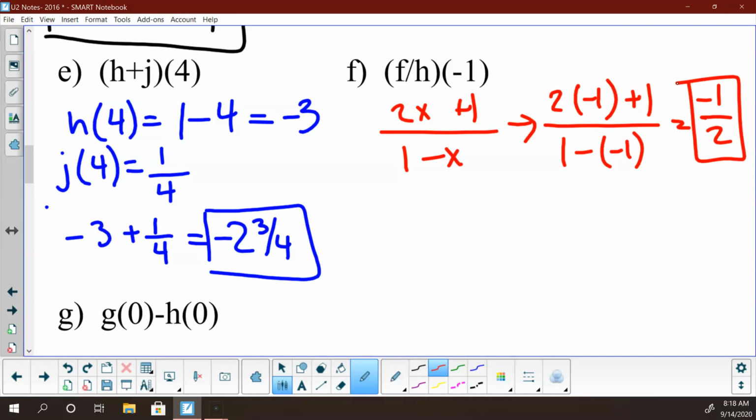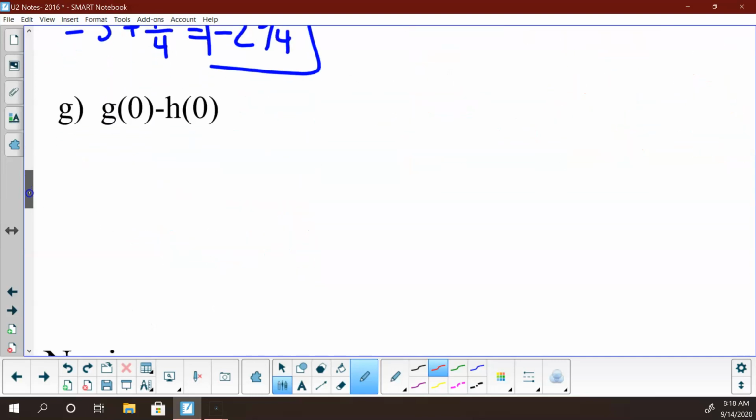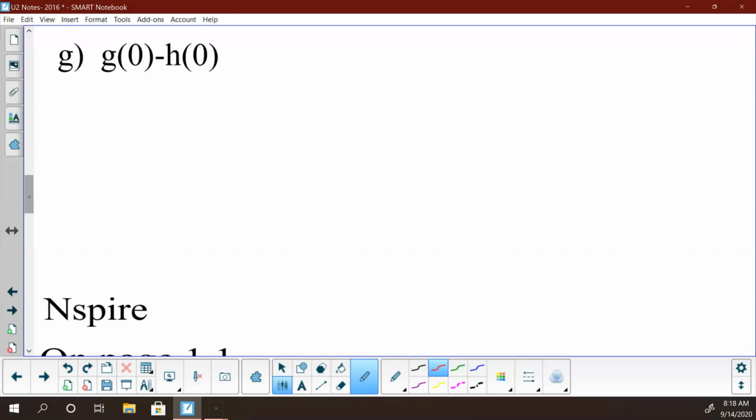Ready for G? Ready? This last one is g of 0 and h of 0.